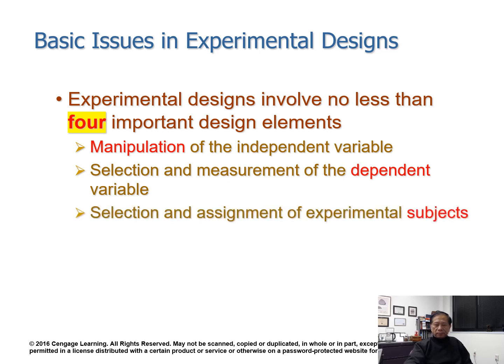Third, selection and assignment of experimental subjects. You put people in the different settings, different room colors and rooms with different lighting, and measure their dependent variable. Fourth, control over extraneous variables, other variables that may have an impact.